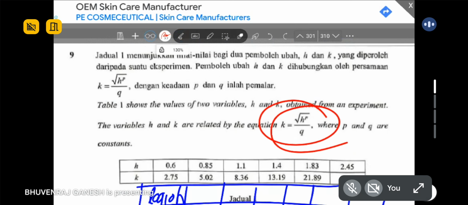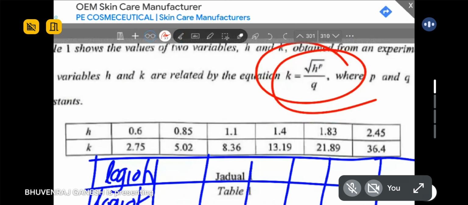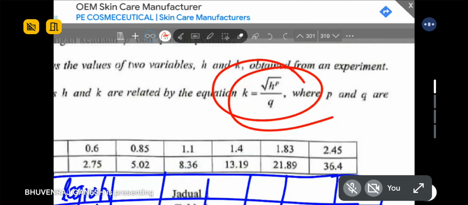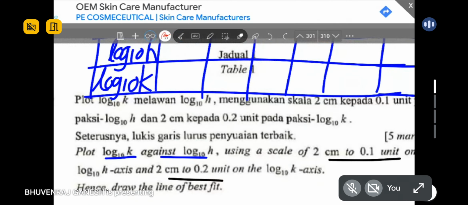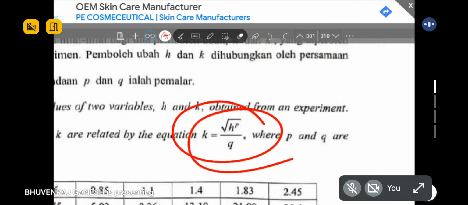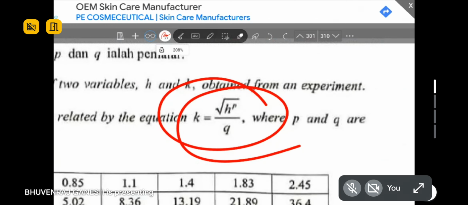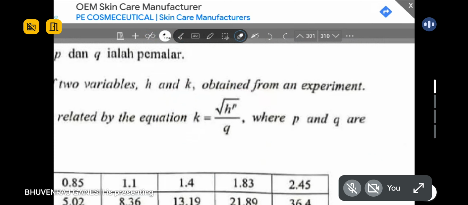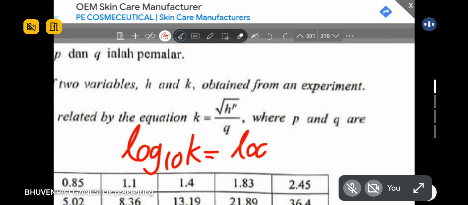So how do you convert the equation? Apa yang kamu akan buat? Very simple. You just see your axis, guys. You want to plot log 10k, right? So what must you do over here? How to get log 10k? Very simple. You just add log on both sides of the equation. Tambah log 10.